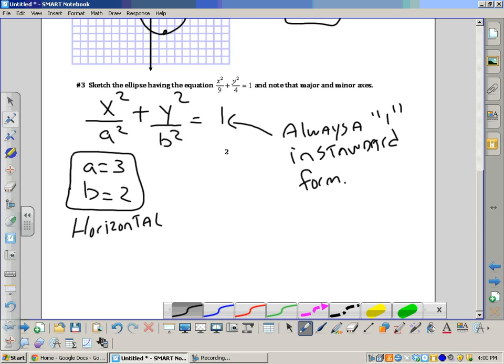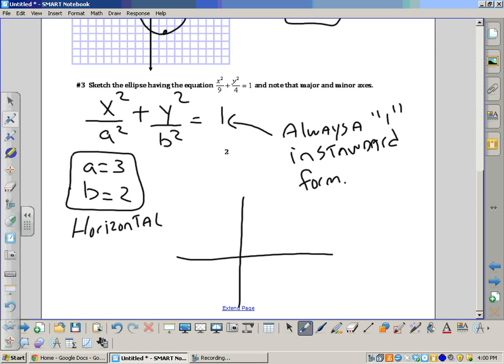And here's how you're going to draw the graph. Let's just do a rough sketch. The horizontal ellipse is centered at 0, and the a term is 3. So there's a point, 3 and negative 3. So 3 and negative 3 are the vertices.